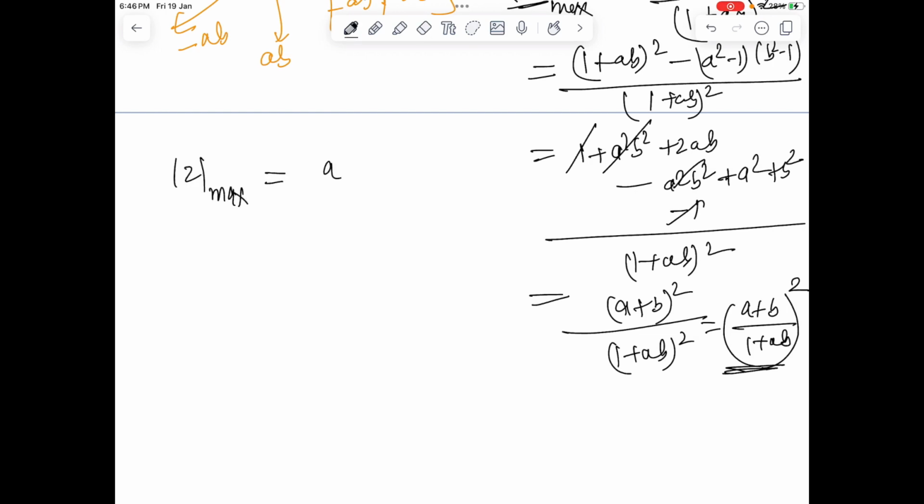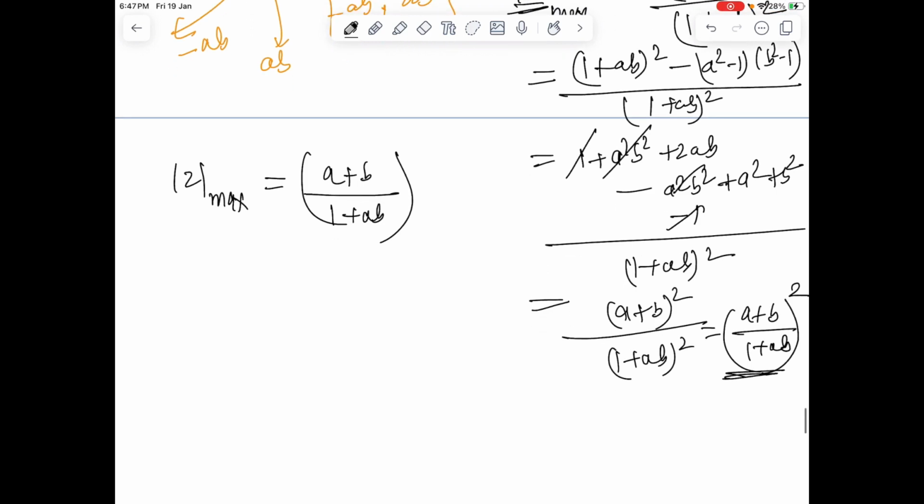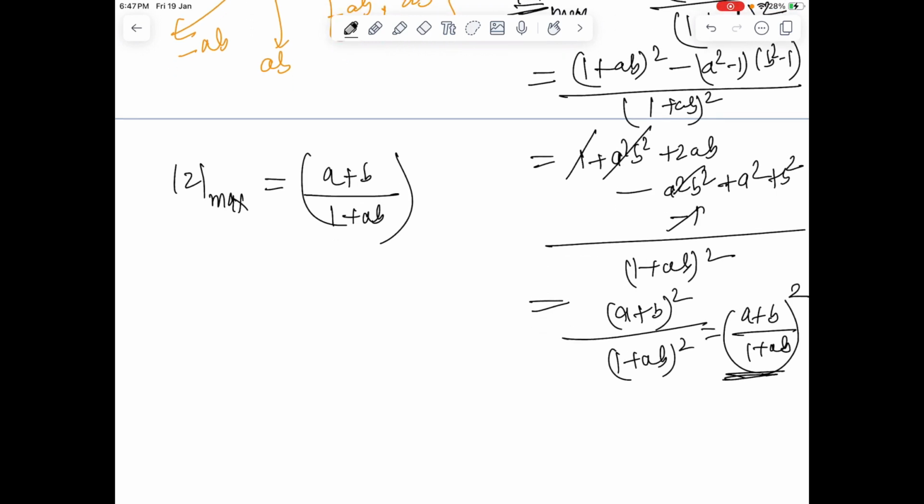So now we know the maximum value of mod z. So mod z max is going to be a plus b by 1 plus AB, whole square. So we know mod z square maximum is this whole square. So mod z max is going to be this, right?